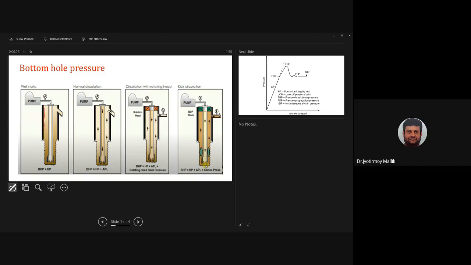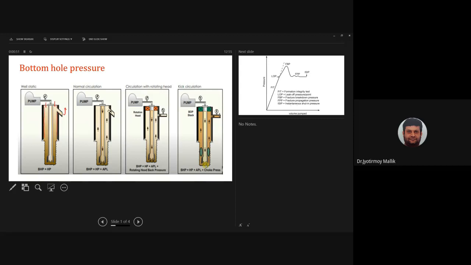This is my casing. Through this, I will have the inward flow of the drilling mud, and then through this, I will have my outward flow of my drilling mud.